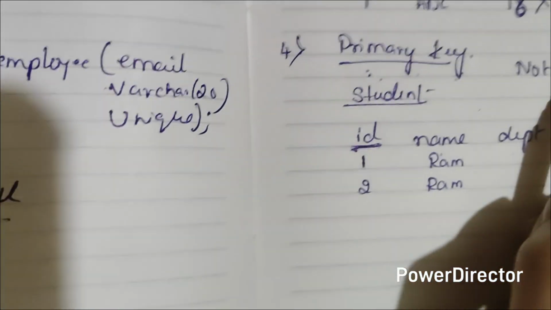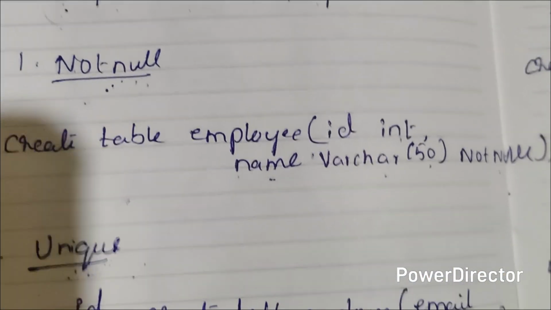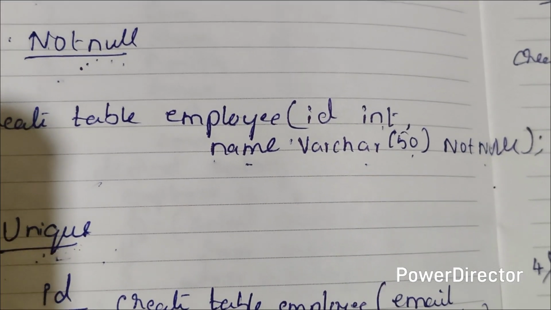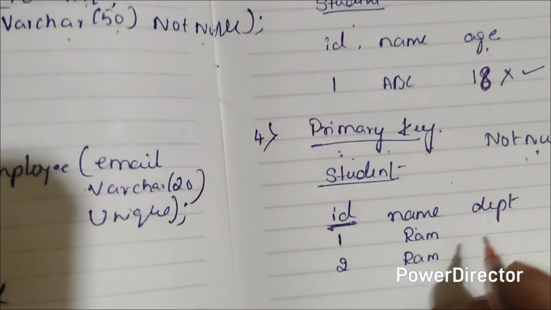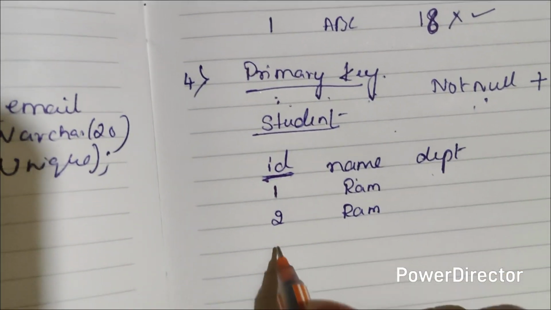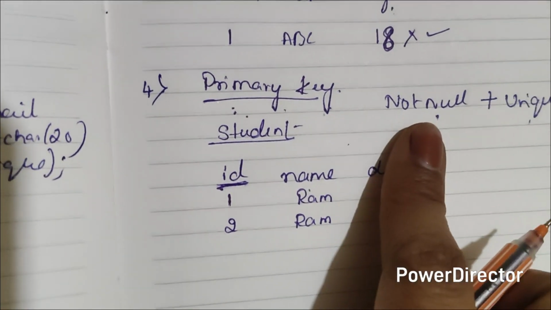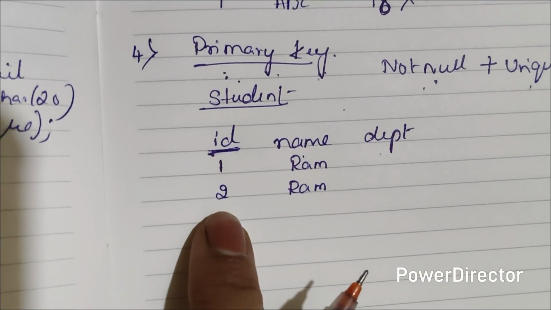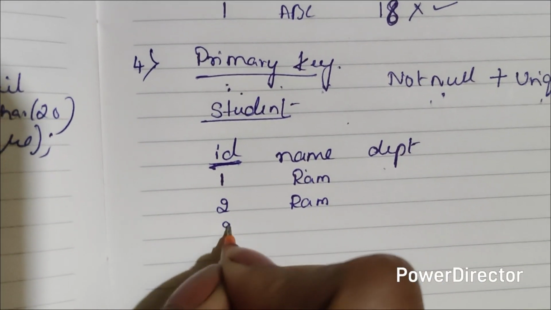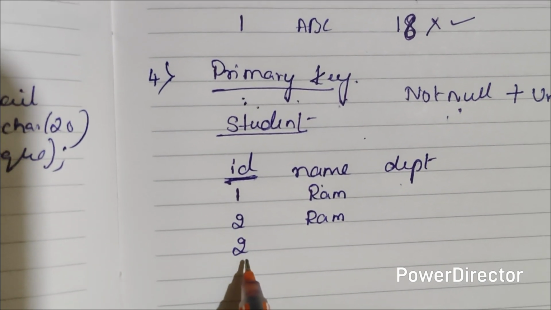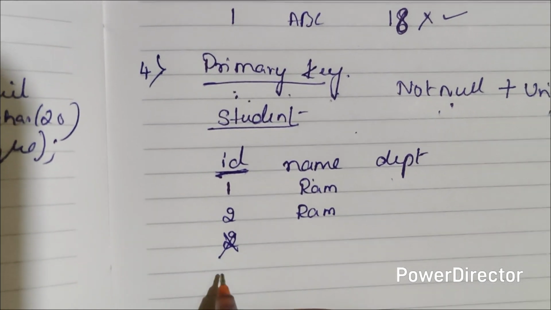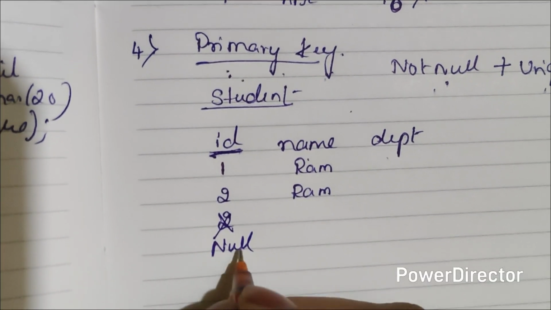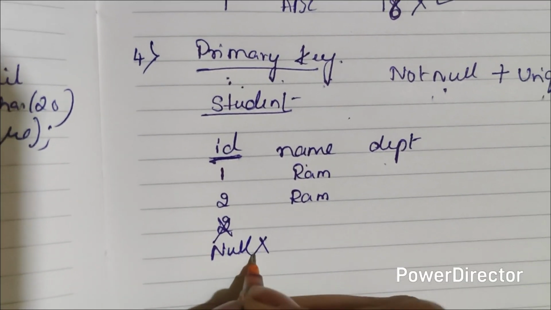Not null, we already studied, means you cannot enter null values. Null values cannot be entered in this particular column. That is one condition. And unique means no duplicate value will be inserted into this column. So you cannot enter the same value repeatedly. This is not possible. And you cannot make it a null value. So this is not possible.